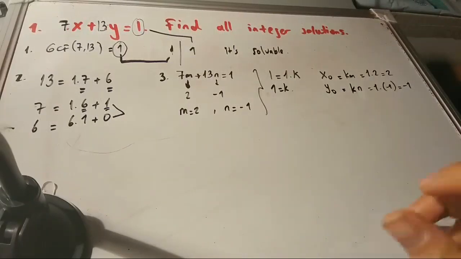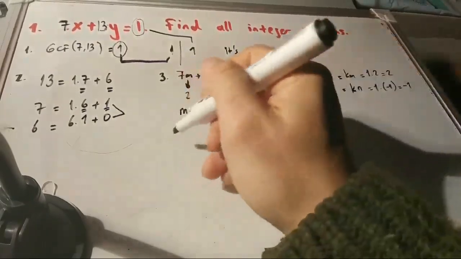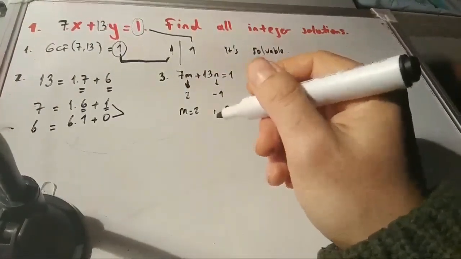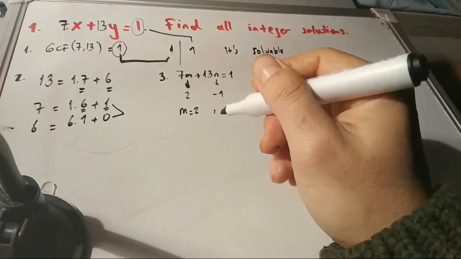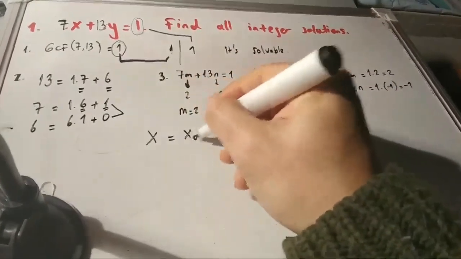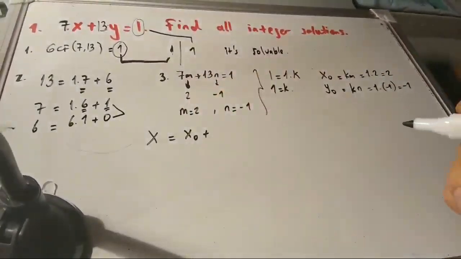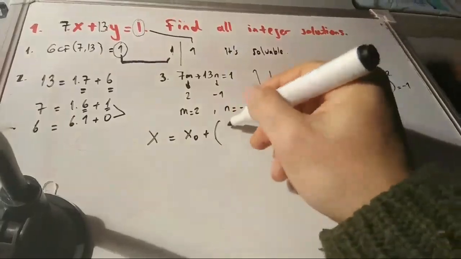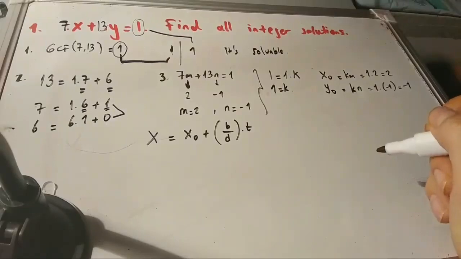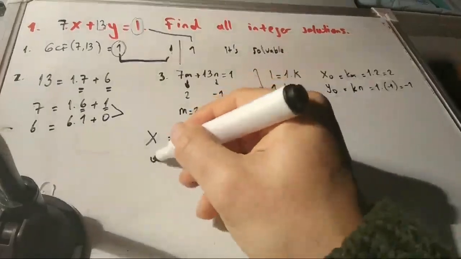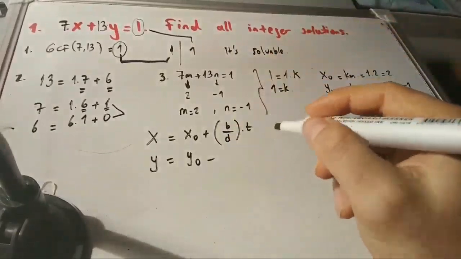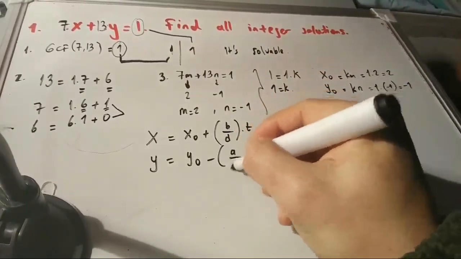So after that, we have to find the values of x and y, and we will describe the values of x and y in terms of t. But how can we do this? Remember, x is equal to x0 plus b over d times t, where t is an element of integers. And y is equal to y0 minus, it's important, a over d times t.